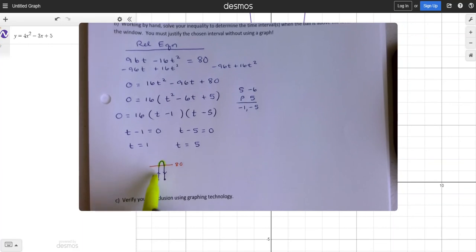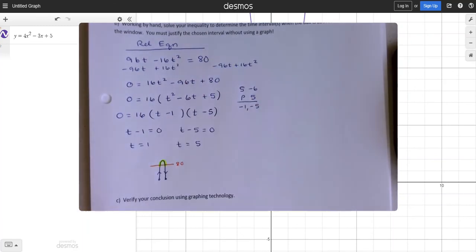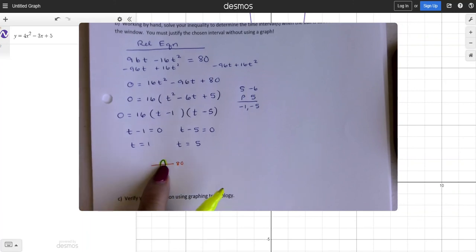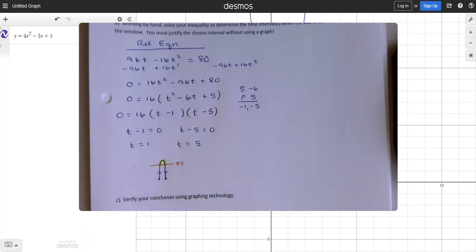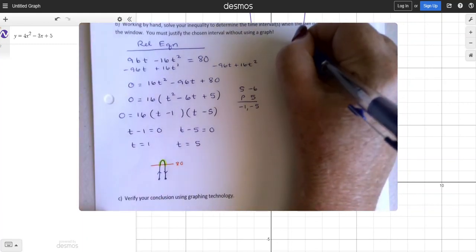It wouldn't make sense for it to be above 80 in the first or last part of its flight. But again, we're supposed to justify the interval without using a graph, so I'm going to do it analytically, but I'm expecting to get an answer of 1 to 5, between the times of 1 second and 5 seconds. But let's check that.